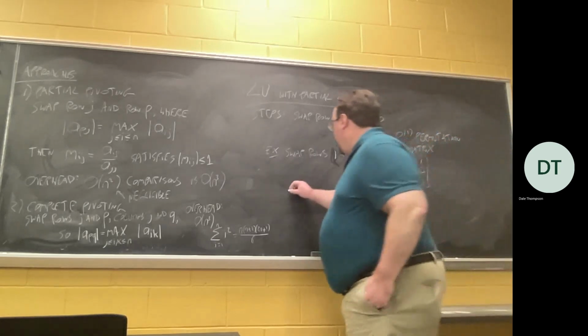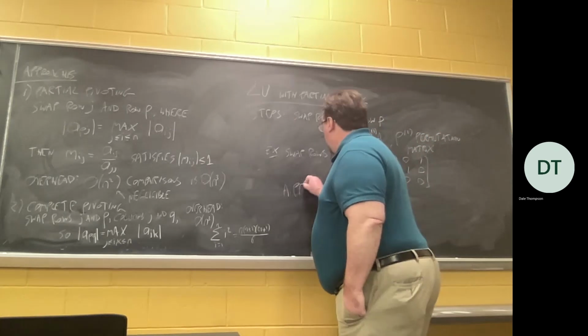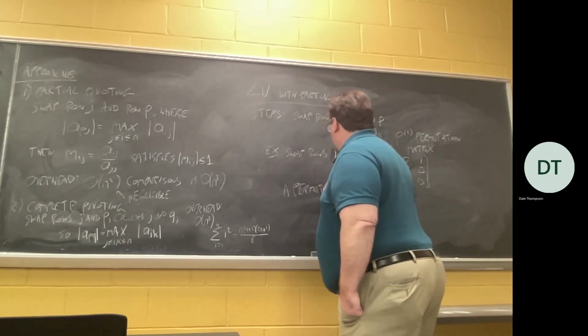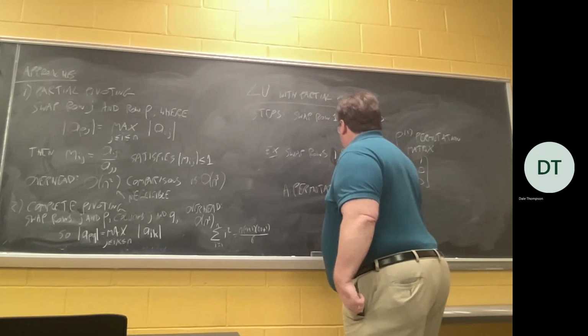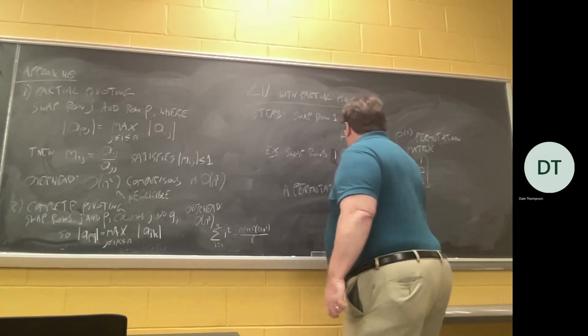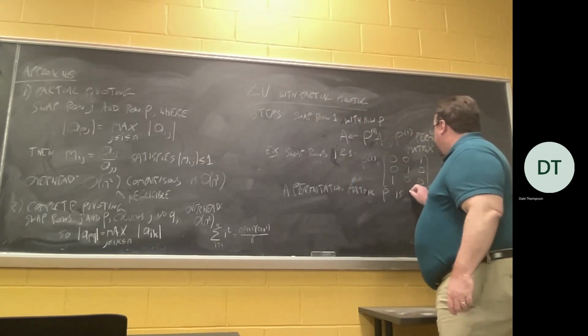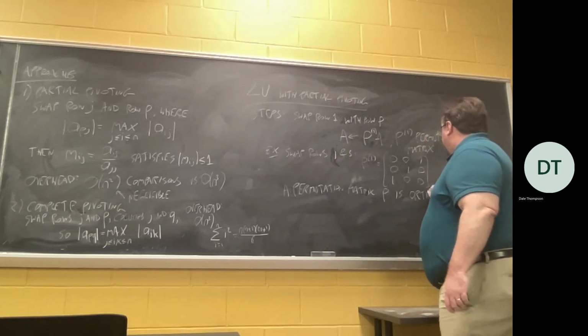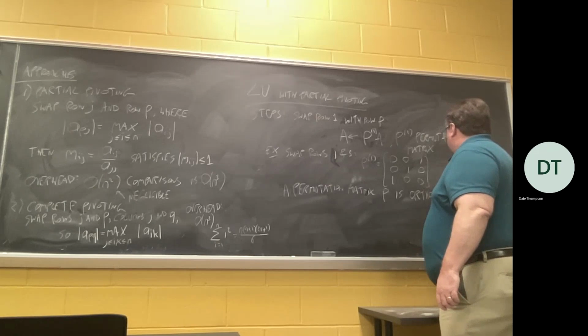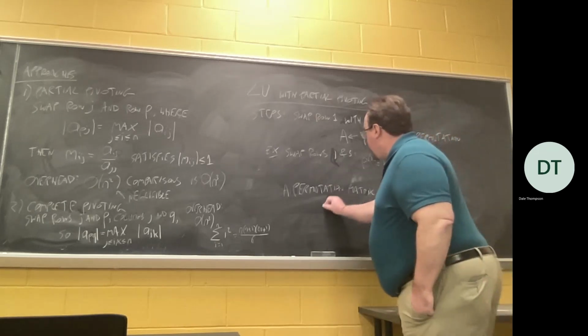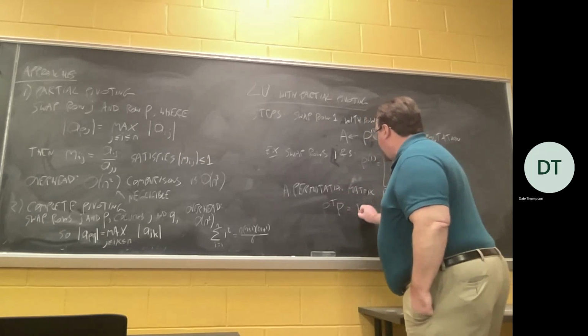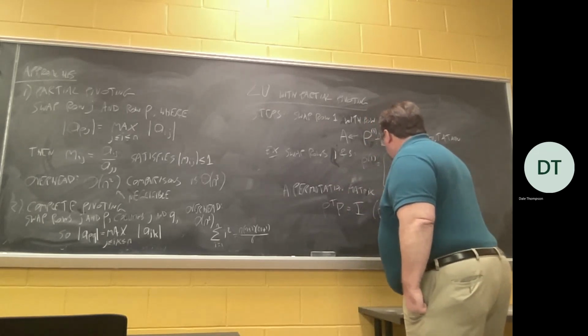Now, a permutation matrix P is said to be orthogonal, meaning that P transpose times P is equal to the identity.